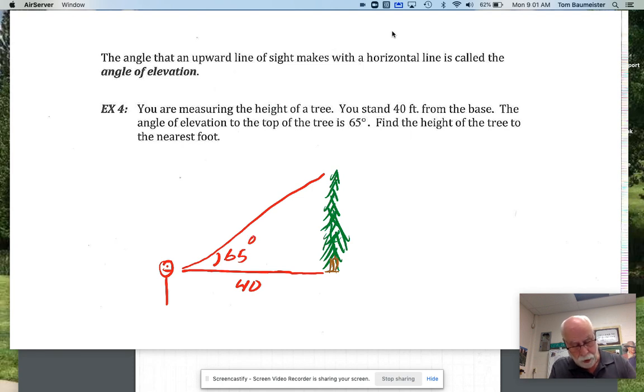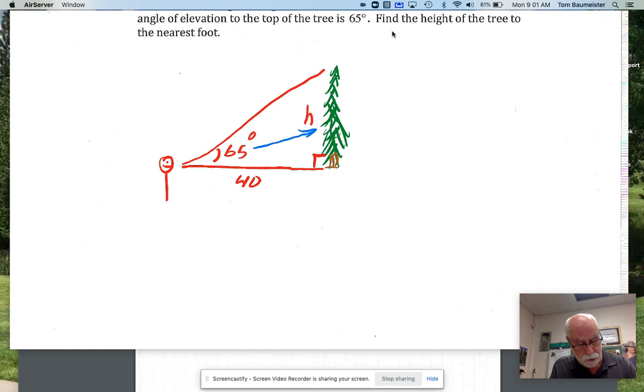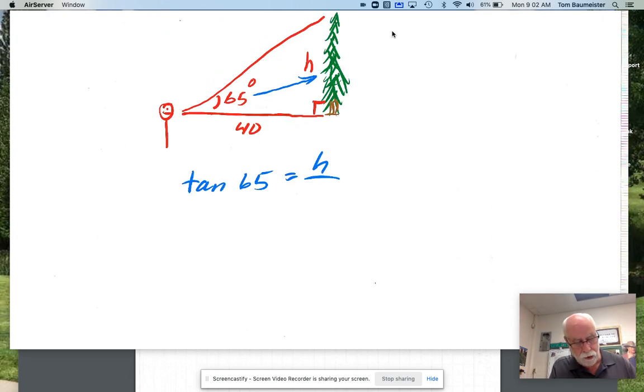Okay. Now we're going to assume some stuff. We're going to assume that that is a right angle, and we're going to say then that we need to find the height. All right. So like before, I can always draw an arrow to my opposite side. So in this case, we're going to say that the tangent of 65 is equal to, well, our opposite is h, and our adjacent side is 40.